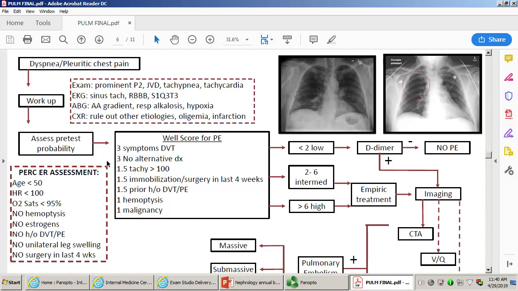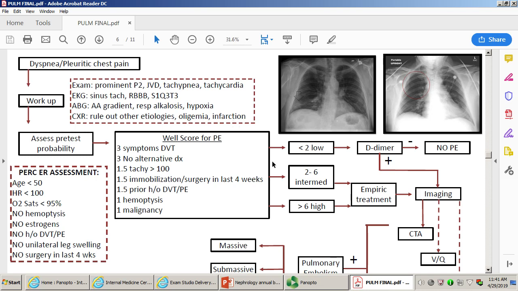I believe this score is already given to you in your calculator on the test, but I will double check and see if I can find a full list of calculators on the exam. They are going to want you to plug these things into their calculator for the Wells score, and then you assess what to do with the number. They would tell you perhaps low, intermediate, or high, and then you need to know what to do next.